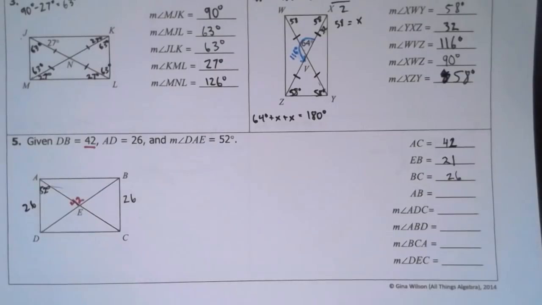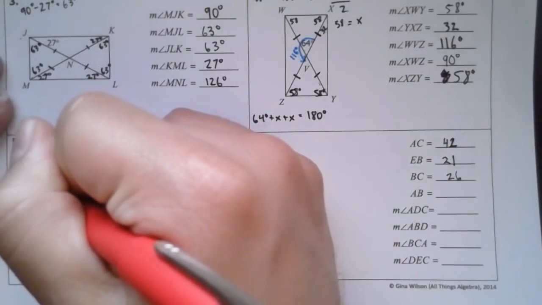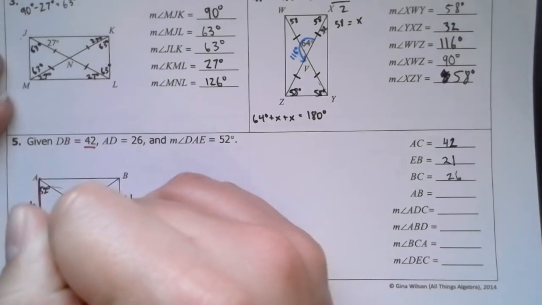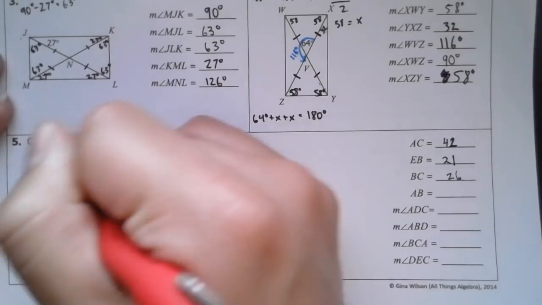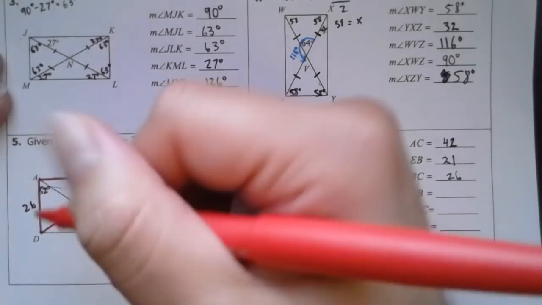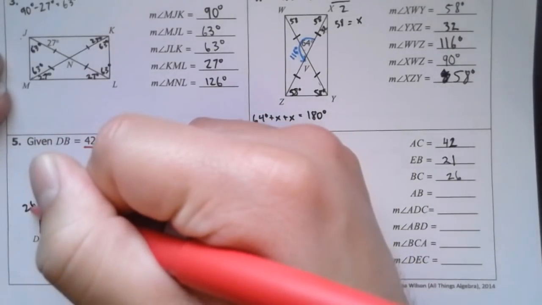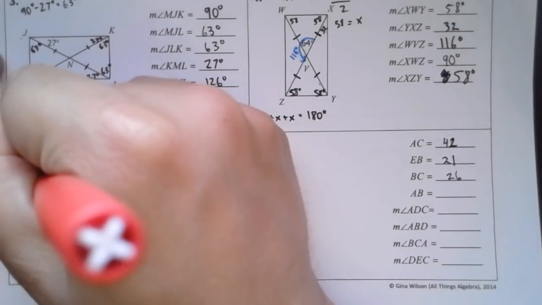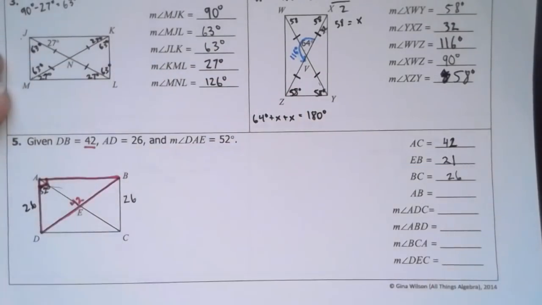What we will need to do is trace it in red. We are looking at this triangle here, so we're using the Pythagorean theorem again. One leg is 26. Here's my right angle in the corner.